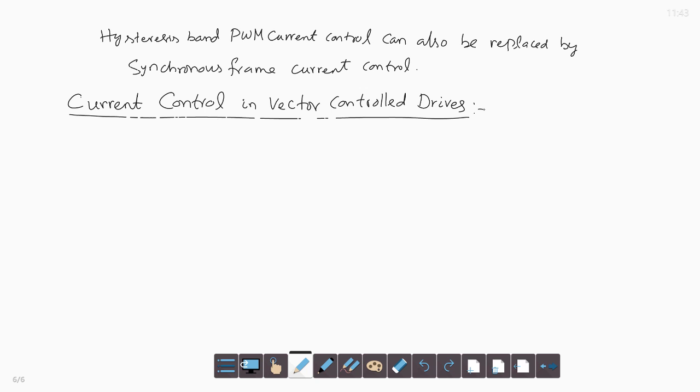So, some salient points: both direct vector control and indirect vector control require instantaneous current control, that is important, very fast response.